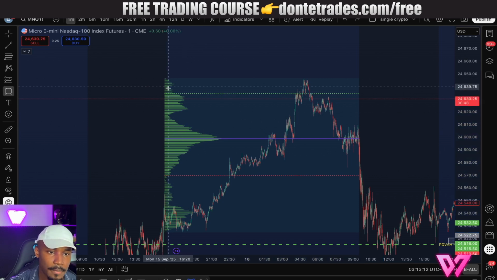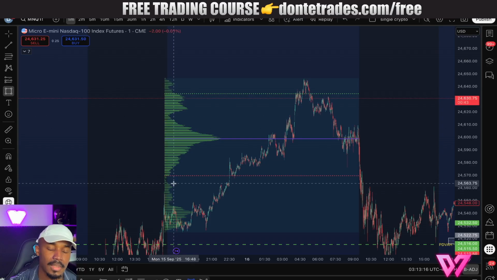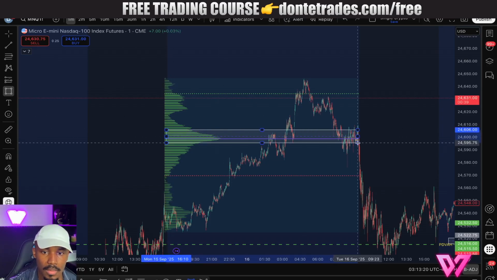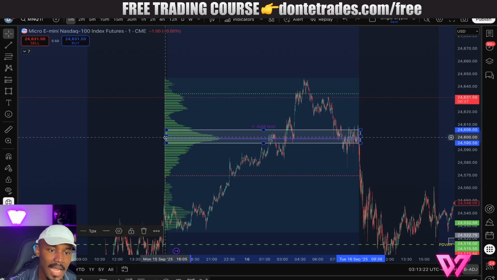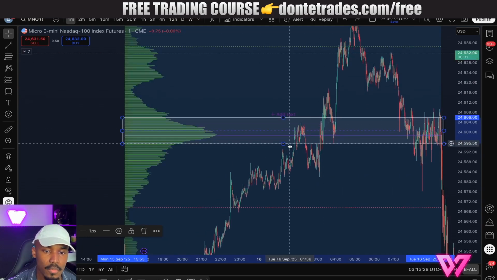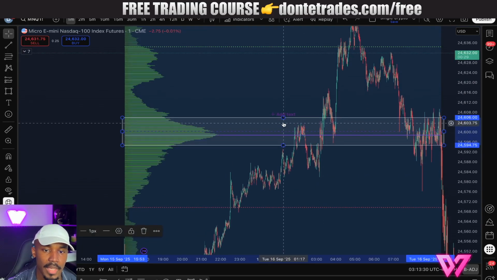And you want to look at these green nodes here, these green things. This is the actual volume profile, and you want to draw that across like this, right? So you want to look for these high volume node areas, right? Those are literally just these bars here, and where you see lots of volume, this is going to be a key level to pay attention to, right?